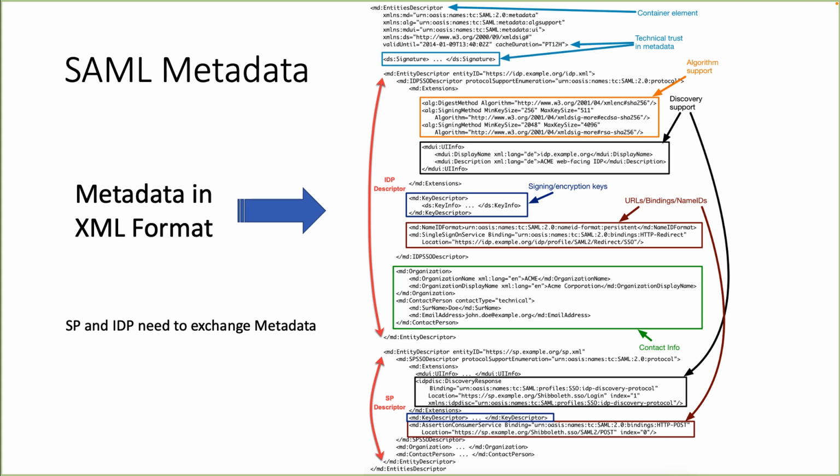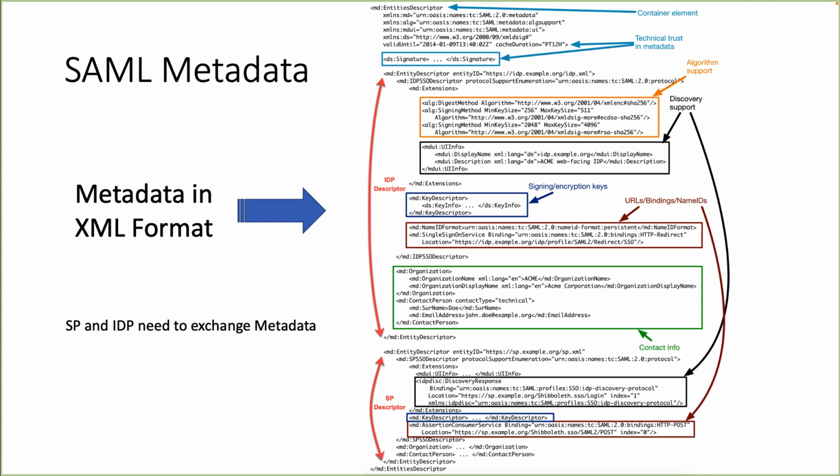What is SAML metadata? SAML metadata is a text-based, or XML-based, representation of the entity information. That means it's either an IDP or an SP. And this metadata describes some of the critical information regarding this entity.